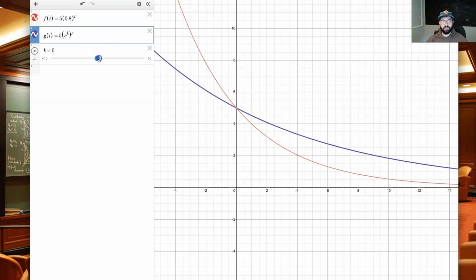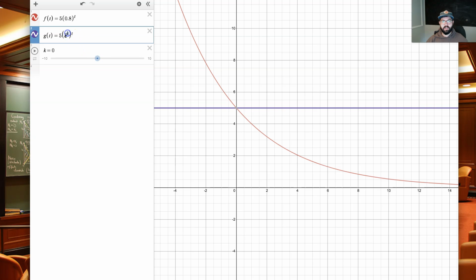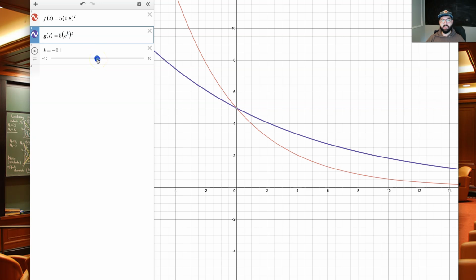If k was 0, what happens? Well, what's e to the 0 power? Anything to the 0 power is 1, so this is just going to be a constant function, right? And then if I let k be negative, we see it starts to dip into decay, which makes sense. E to a negative power is going to result in something being less than 1.